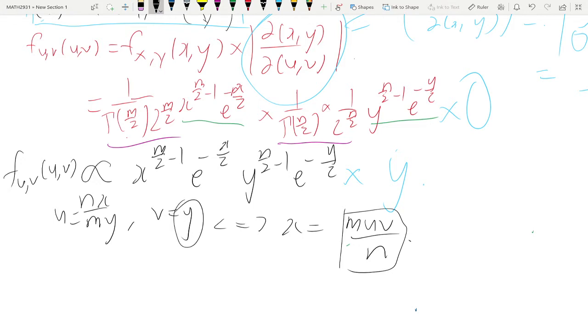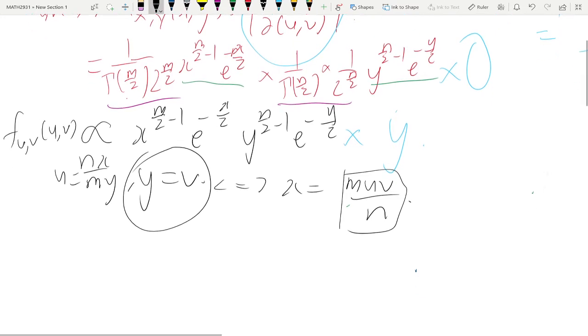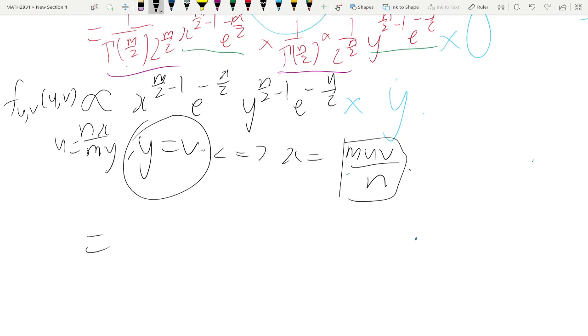Whoops, wrong way around. I should probably write it that way. Y equals v, and x gets replaced with this thing. So I'll do that. This equals nuv over m to the power of m on 2 minus 1. As you can see, I replaced the x with this, okay, that's what's happening over here.